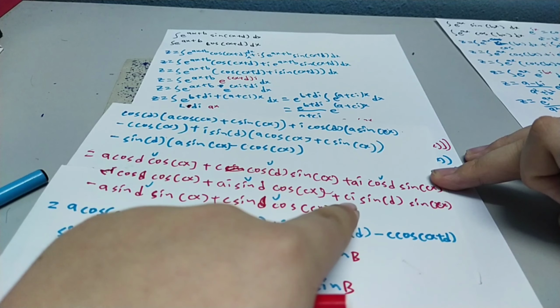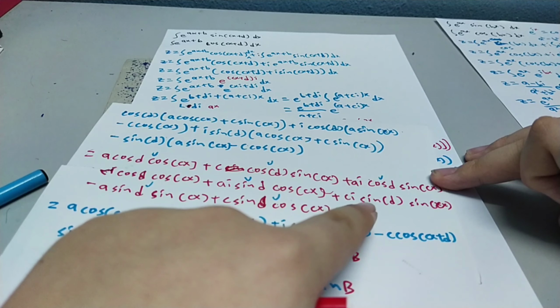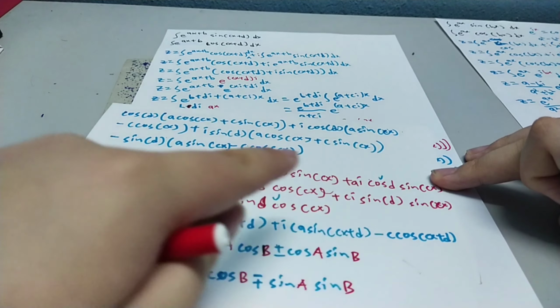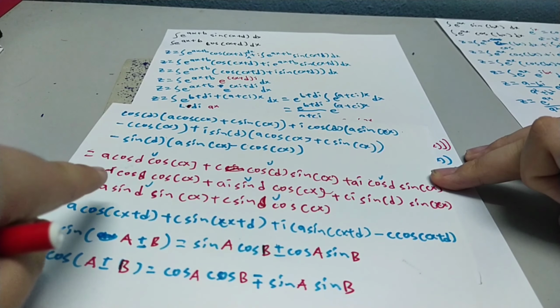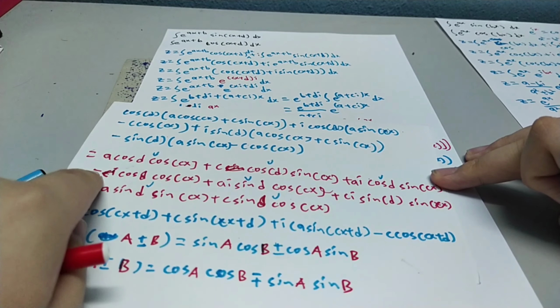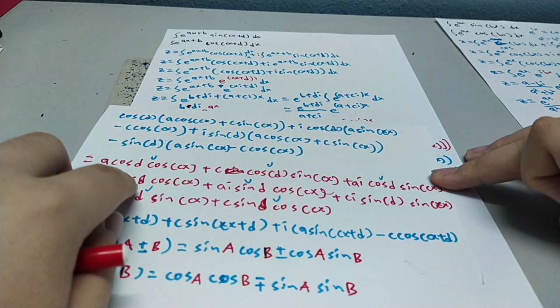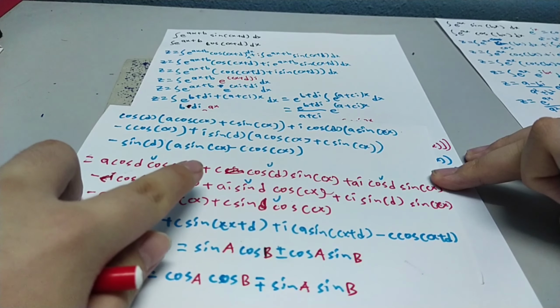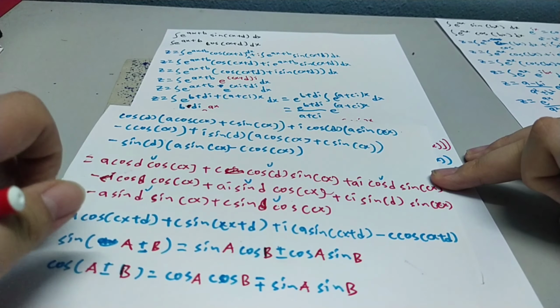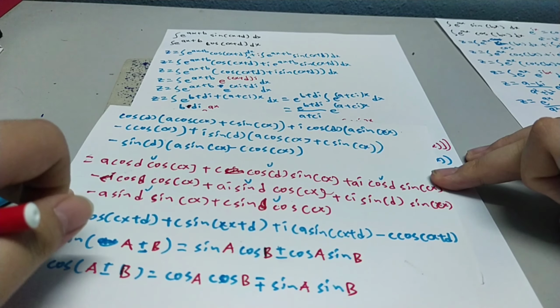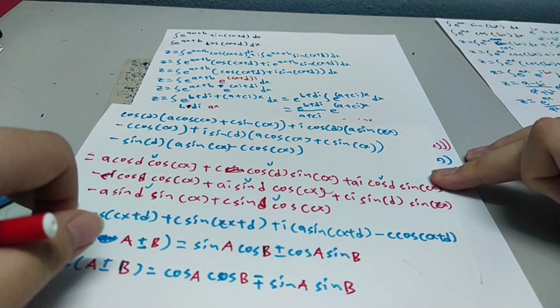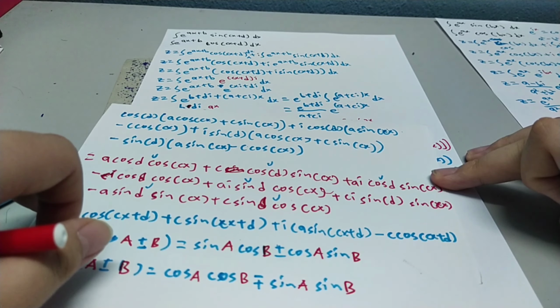After we factorize i, the remaining term here is c times sine of d times sine of cx minus c times cosine of d times cosine of cx. If you factorize the c out, I will have sine of d times sine of cx minus cosine of d times cosine of cx.